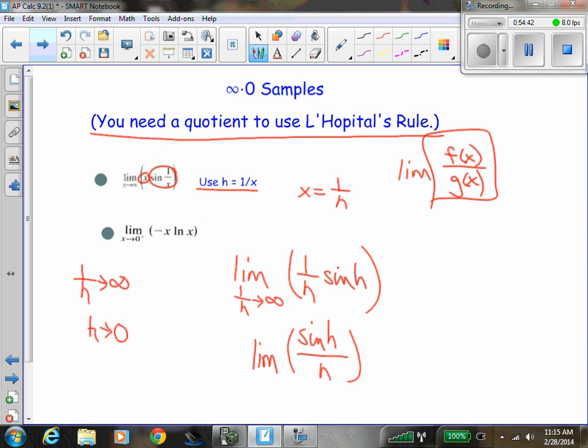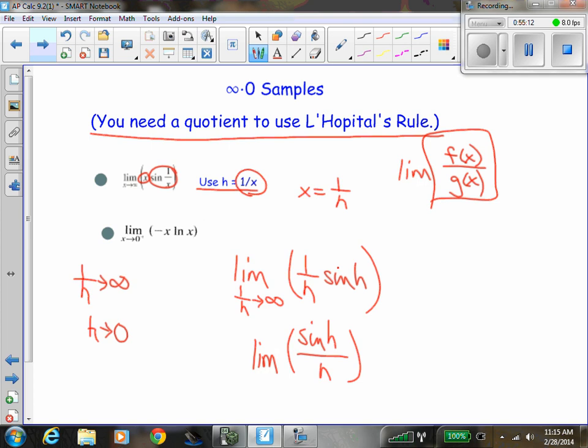Okay, now, anytime you have something approaching 0, it can matter whether it approaches from the positive or the negative side. So right here, when it says x is approaching infinity, do you see that that means that x is positive? If it's approaching infinity, we can at least assume it's positive. And so that means that since h is 1 over x, we want this to be a positive quantity.